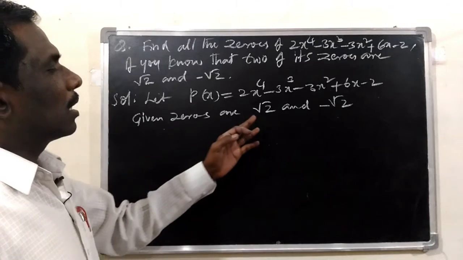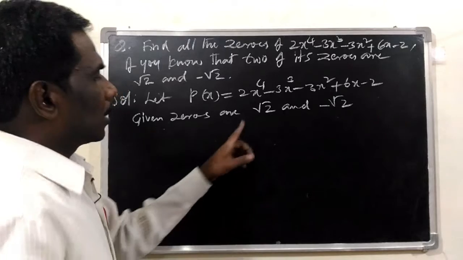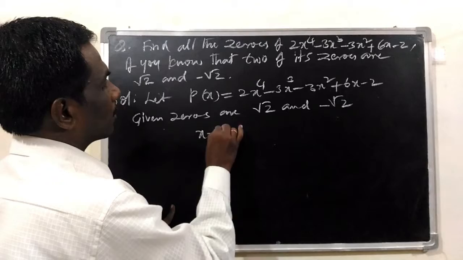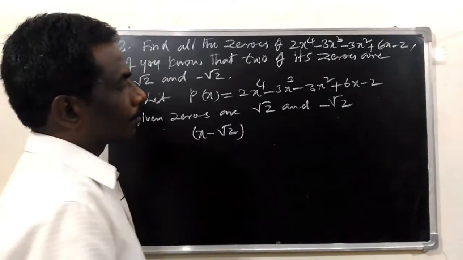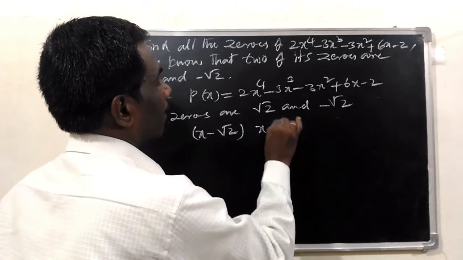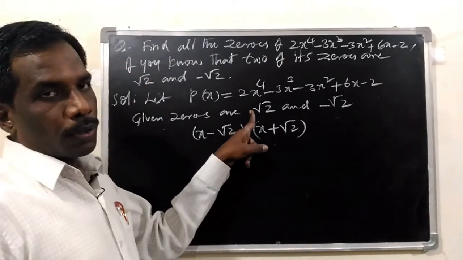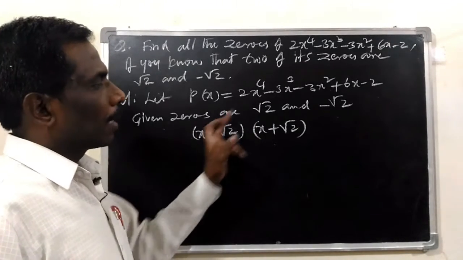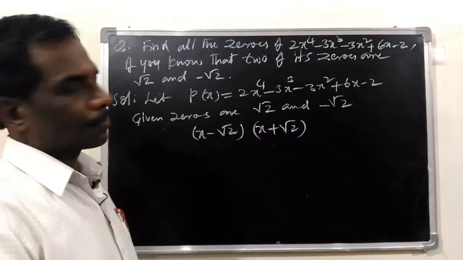Now we convert the zeros into factors. This plus root 2 can be written as x minus root 2, and this minus root 2 can be written as x plus root 2. If the zero is positive, we write minus with x, and if the zero is negative, we write plus with x.